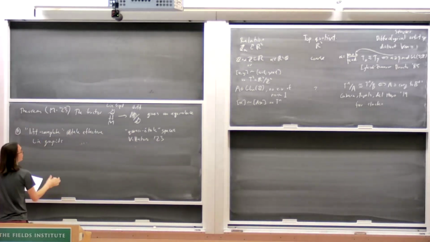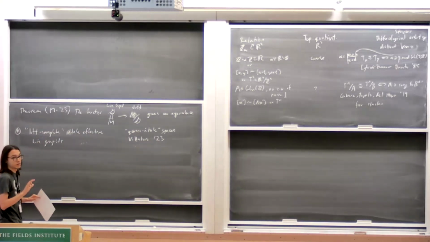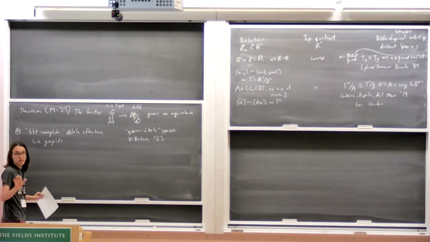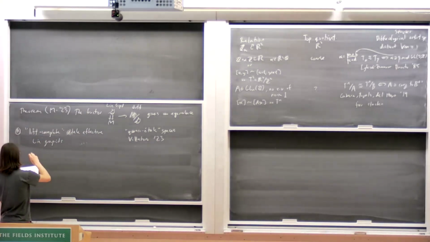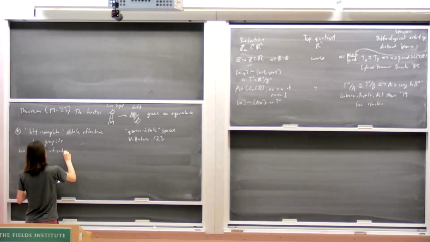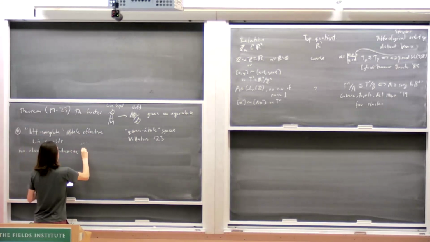And now if it's the categories, I also need to say what the arrows are. And this is more or less part of what I said before. So the arrows here are isomorphism classes of submersive bibundles.